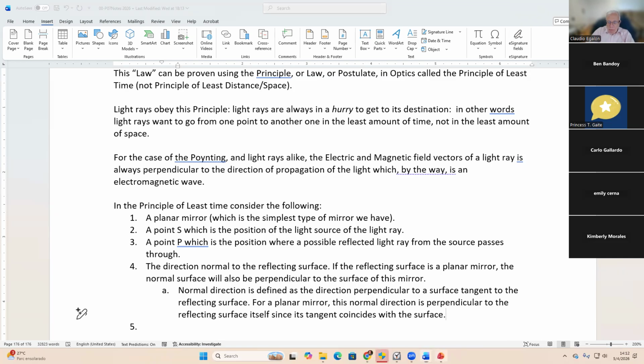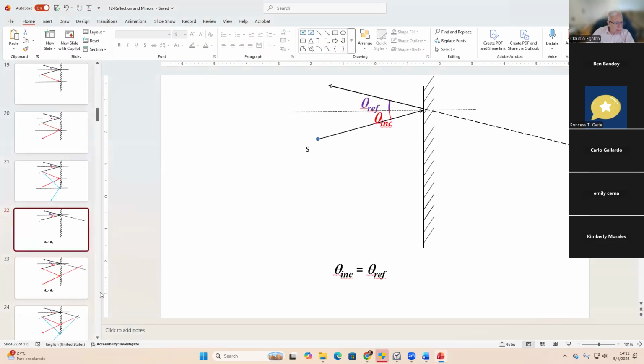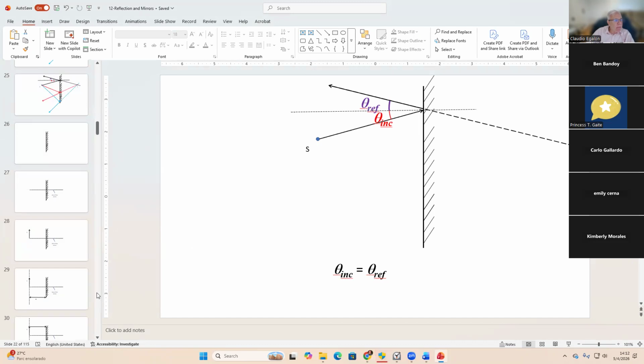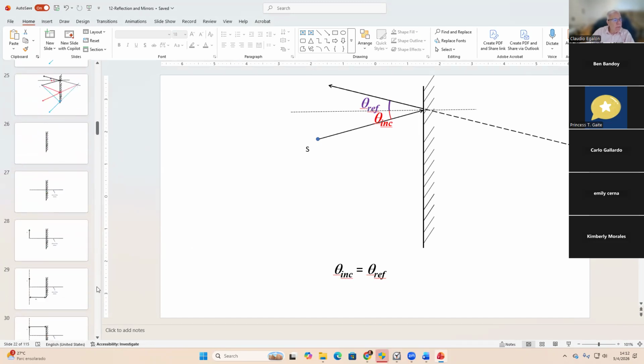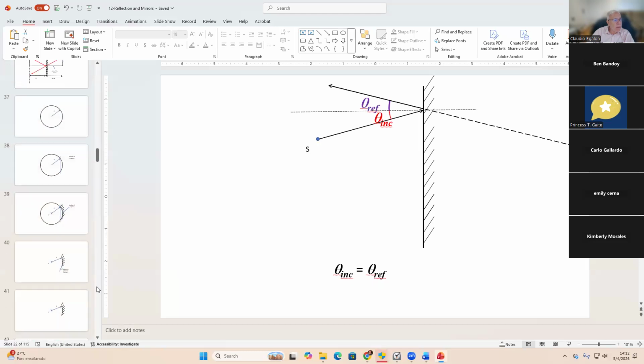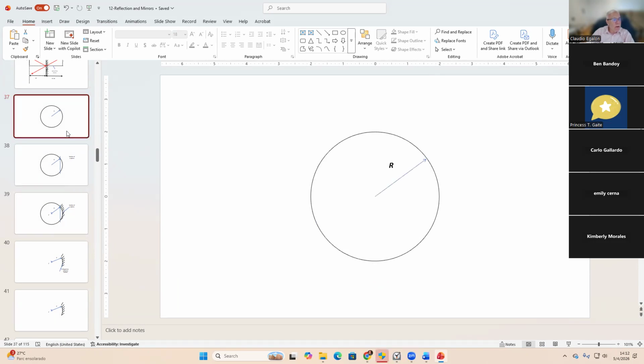Now let me give you another, more generic example. Let's see if I have it here. It is slide 23, well, 22. We're going to go back to that, right? Okay, here you go. I'm going to show you an example of a normal surface. Consider now not a planar mirror, but a spherical mirror.